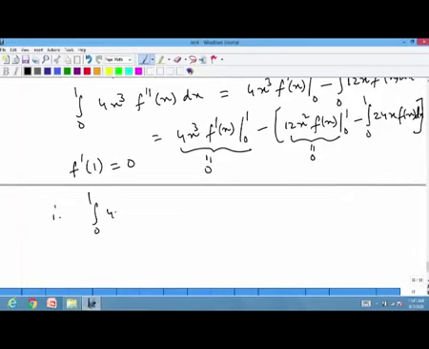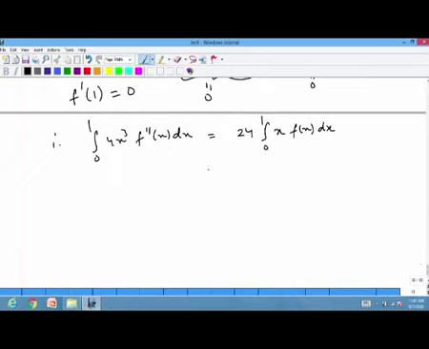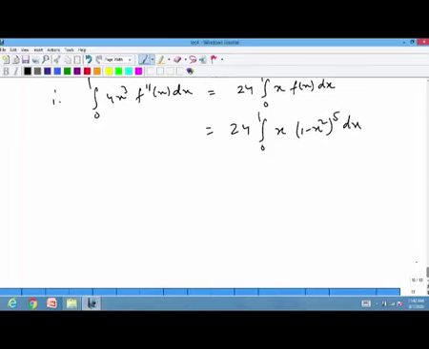So, therefore, the integral from 0 to 1 of 4x cubed times f double prime x dx is equal to 24 times the integral from 0 to 1 of x times f(x) dx. So, this is equal to 24 times the integral from 0 to 1 of x times (1 minus x squared) to the power 5 dx. Now, this can be easily integrated.